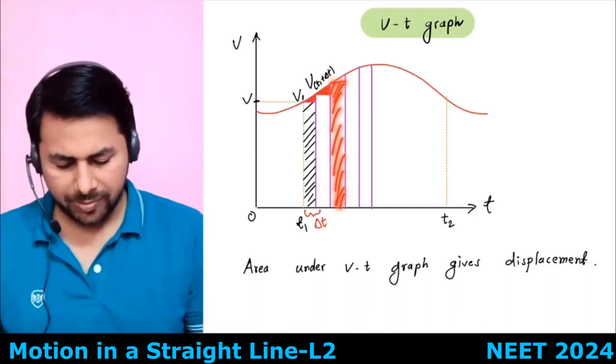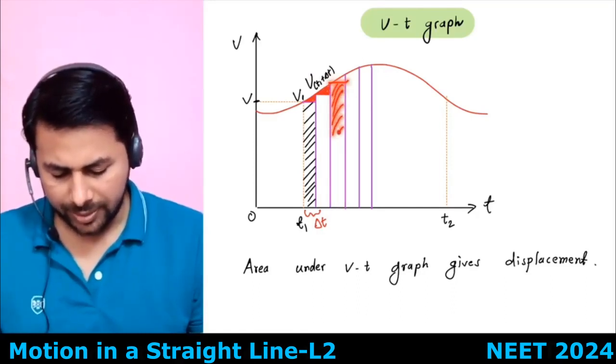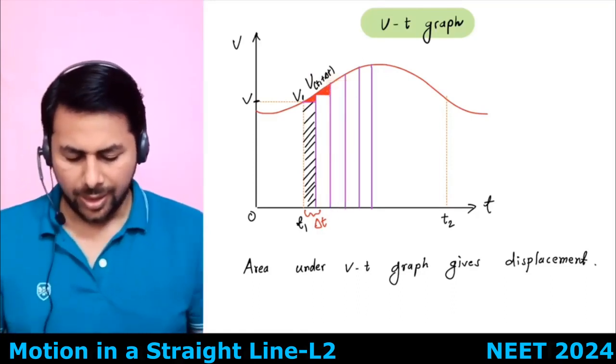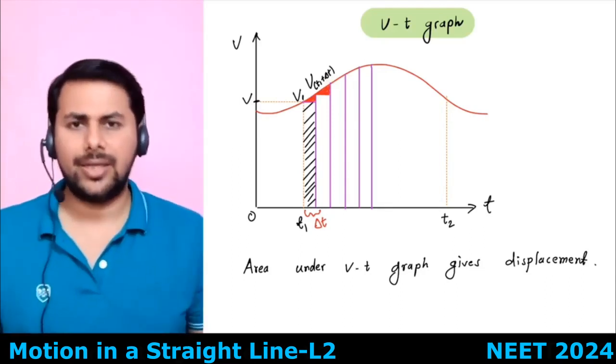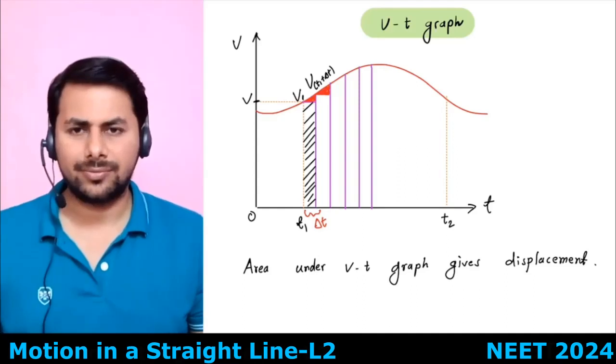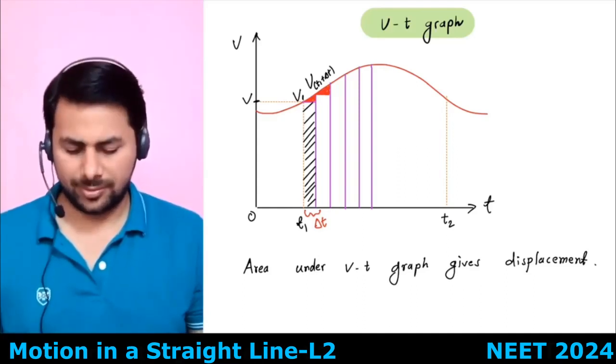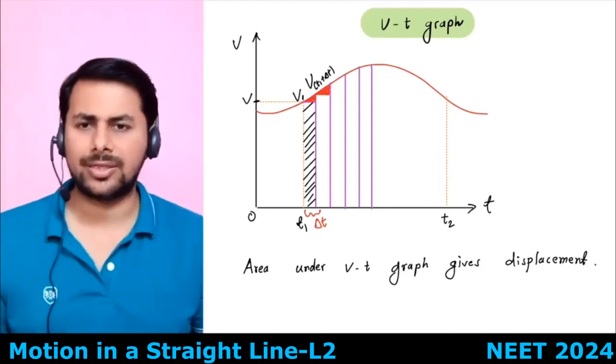If I add up all these areas, what will I get? I will get the area under the velocity versus time curve, right?